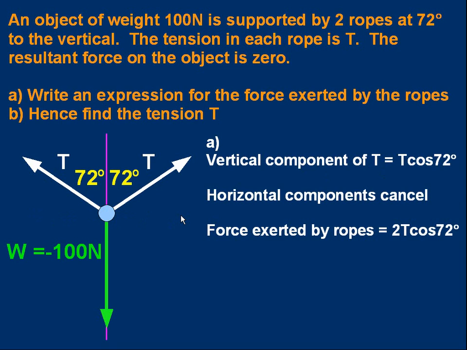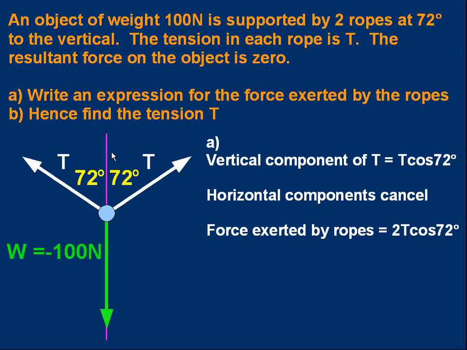T sine 72 to the right will be cancelled by T sine 72 to the left. So because of the symmetry, we can say immediately that the horizontal components cancel. We want an expression for the force exerted by the ropes. Well, it's just the two upwards components. The force exerted by the ropes is twice T cos 72.